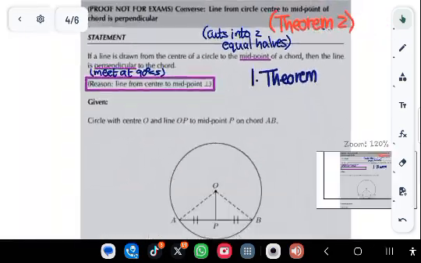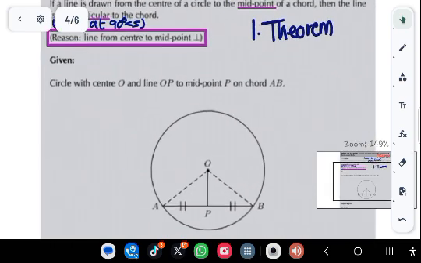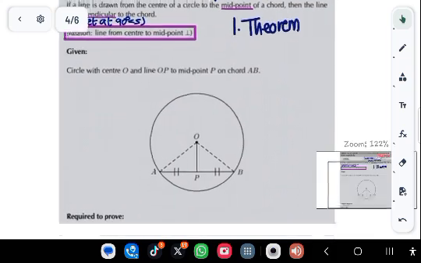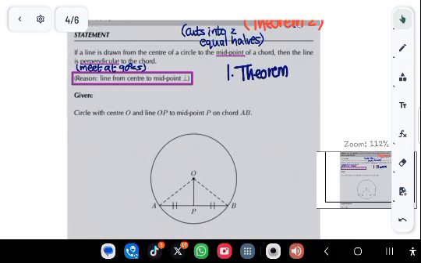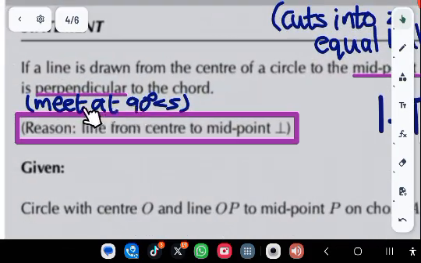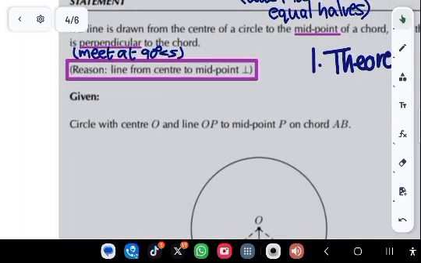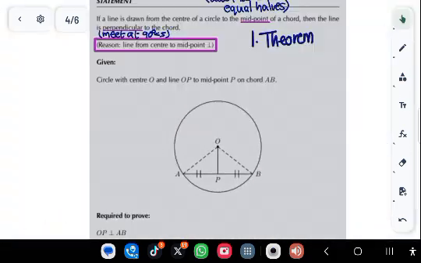Now, if the line is drawn from the center of the circle to the midpoint, it must be perpendicular to the chord, meaning it must meet the chord at right angles. So what are we required to prove?